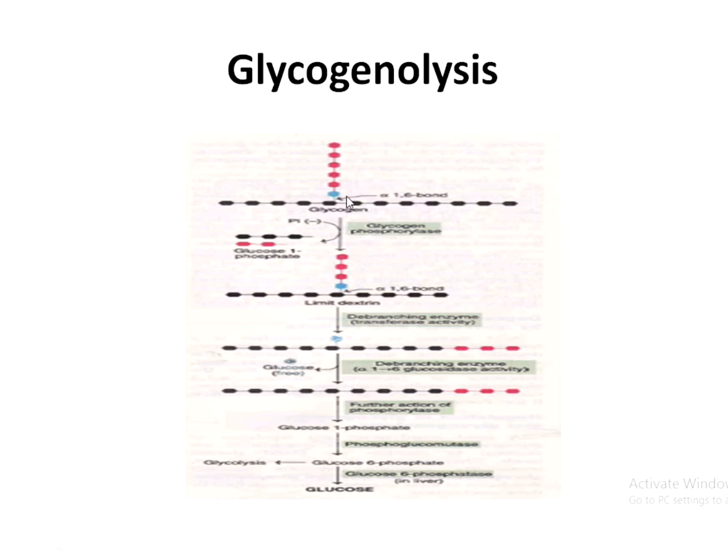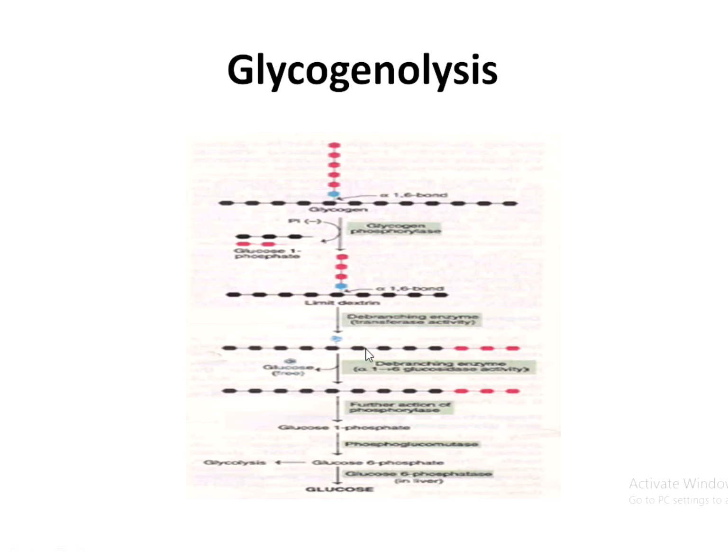Here is glycogen, with an alpha 1,6 bond. It reacts with glycogen phosphorylase, and here phosphate is used and glucose 1-phosphate is released. Then we get limit dextrin.